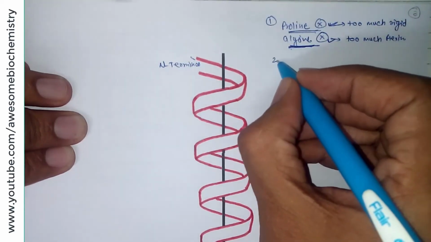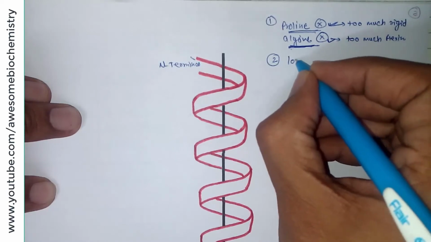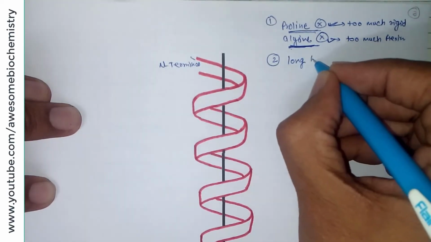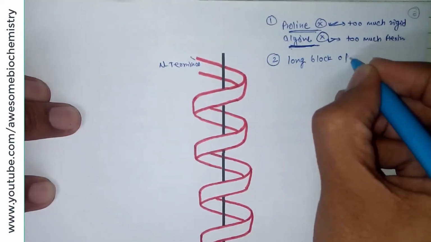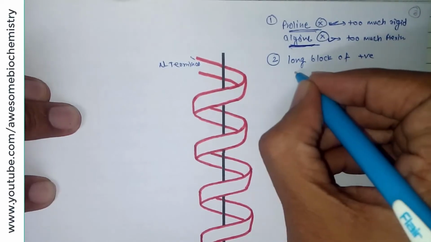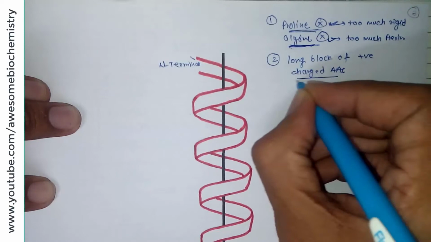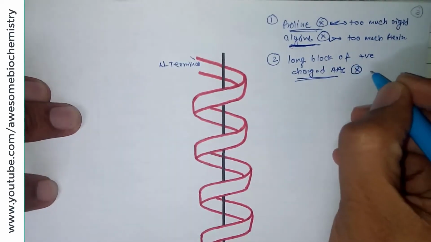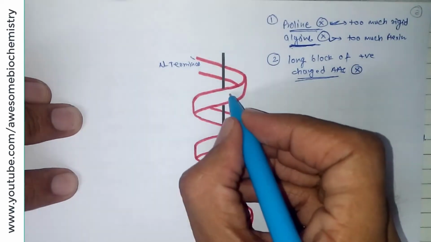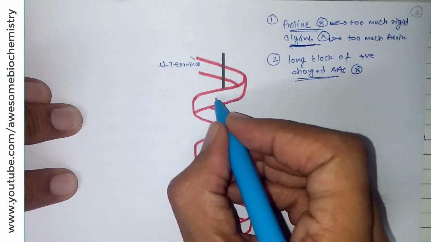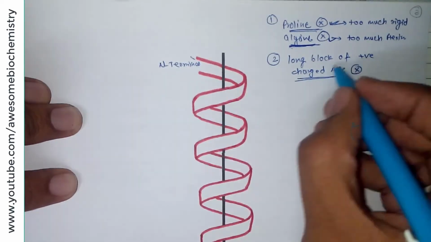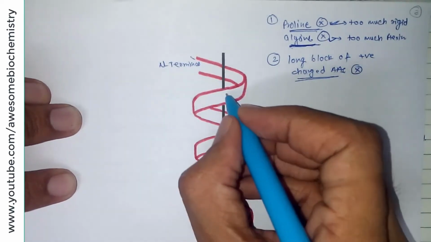Second issue is a long block of positive charged amino acids. Now, this is not possible in case of alpha helix. Why? Because suppose you have a long block of positive charged amino acids in this alpha helix, what will happen?